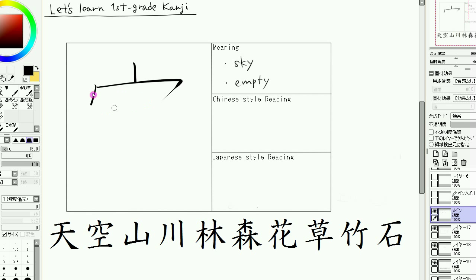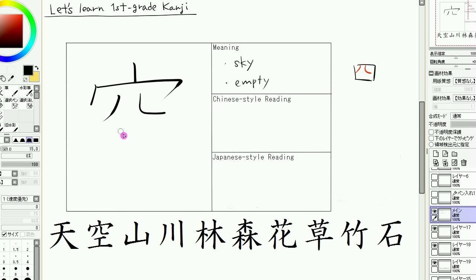All right. This component is often seen in kanji, and you make a sweep to the left, and you go down, and you go right. Yeah, this part is actually pretty similar to the component you saw in the kanji number 4.